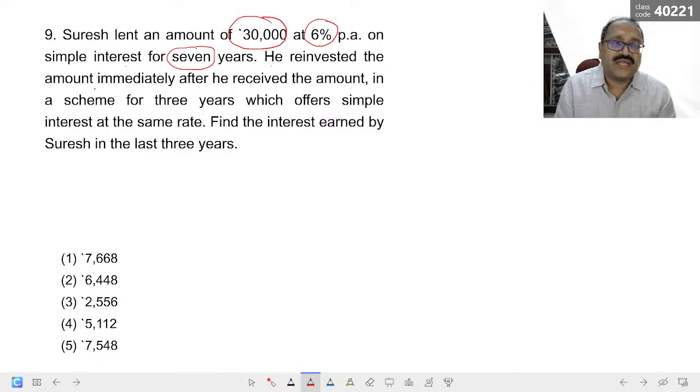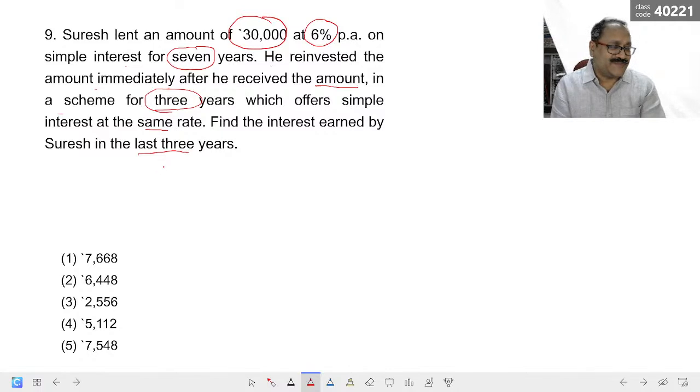He reinvests the amount immediately after he received the amount, in a scheme for 3 years, which offers a simple interest at the same rate, that means 6%. Now find the interest earned by Suresh in the last 3 years. Last 3 years, not the first 7 years. Let's make it.